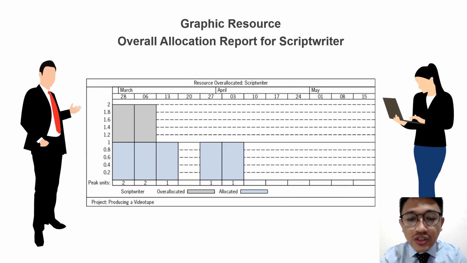The graphic resource allocation report for the scriptwriter depicts their workload. In blue, allocated units show the planned workload. However, in gray, representing over-allocations, the scriptwriter is overburdened, marked by an excess of fixed units.